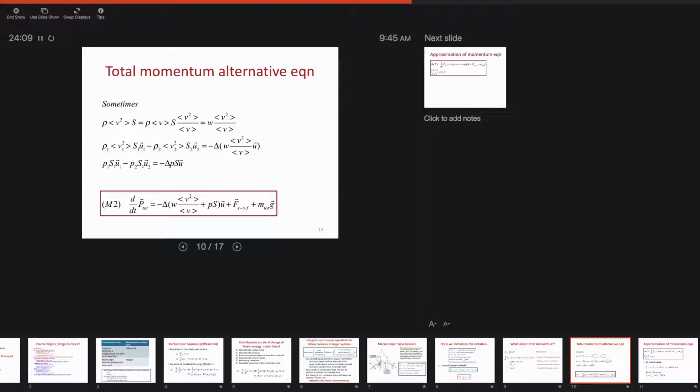So then an alternative way to write this is minus delta W, again mass rate, times average of V squared divided by average of V, plus pressure times surface U. And what I mean by delta again is this term evaluated at outlet minus this term evaluated at inlet.